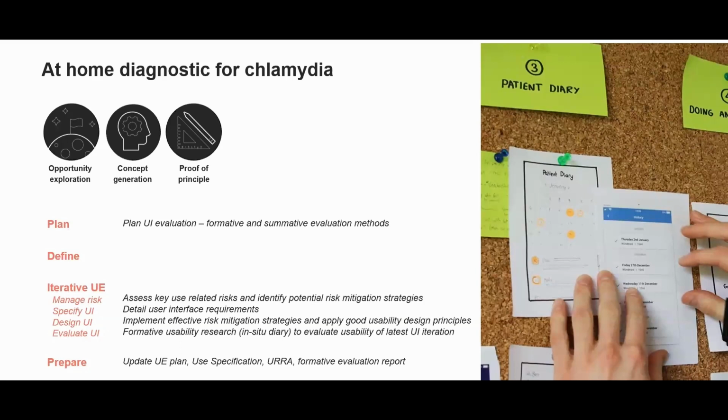When thinking about your iterative usability engineering activities at this stage of development, in the risk work stream, it's all about trying to manage and assess your risks throughout the development.